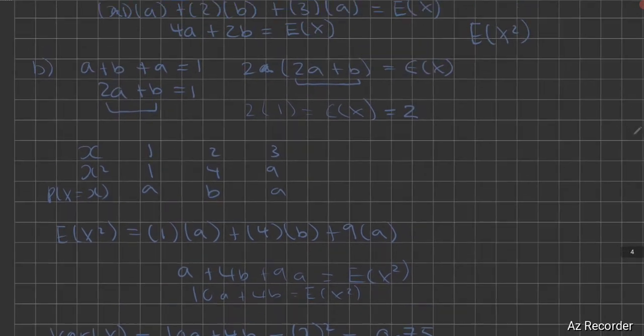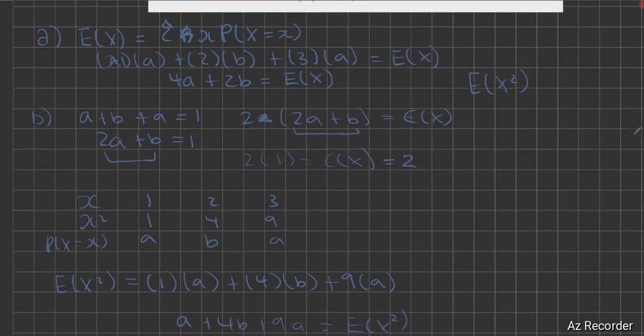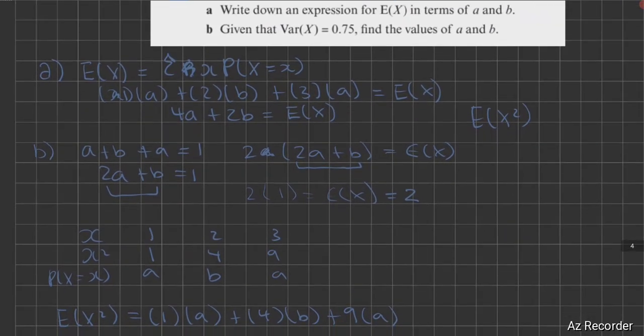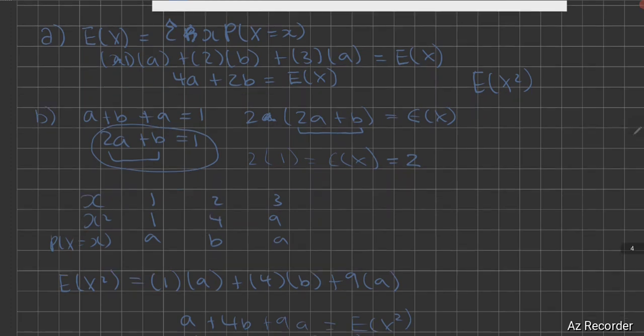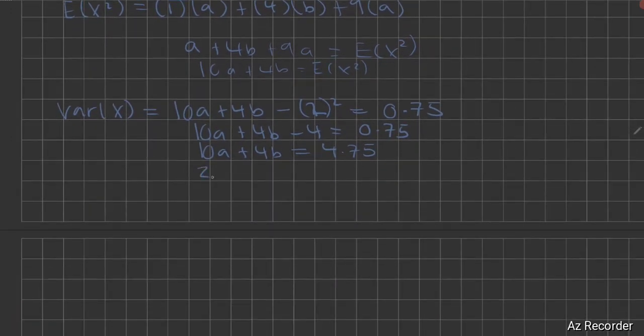Now if we notice, we already have an equation for what equals 1, and this is 2a add b is equal to 1. So if we multiply through by 4, we should get 10a add 4b is equal to 4.75, and 8a add 4b is equal to 4.